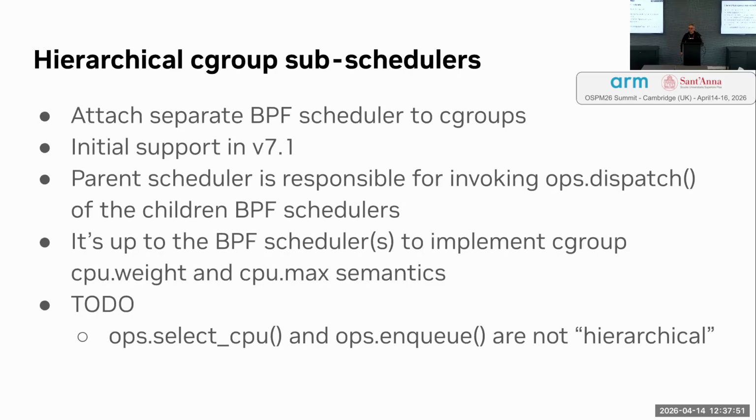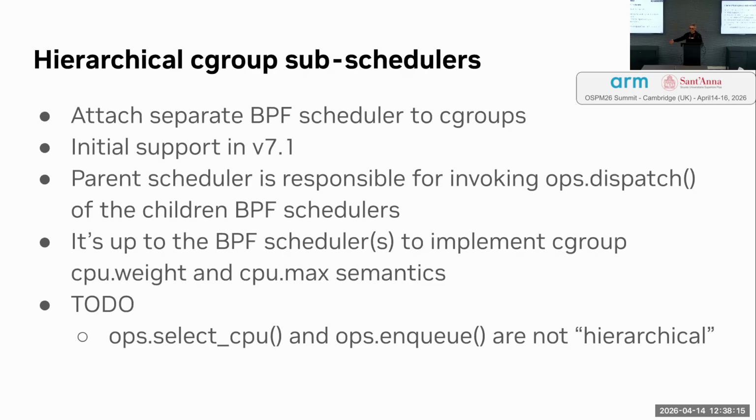But from a semantic perspective, the idea is to allow people to reuse existing SCX schedulers without any modification or with minimal modifications, and just attach their own scheduler. You have a container that is more latency focused, you attach, I don't know, LAVD, for example.